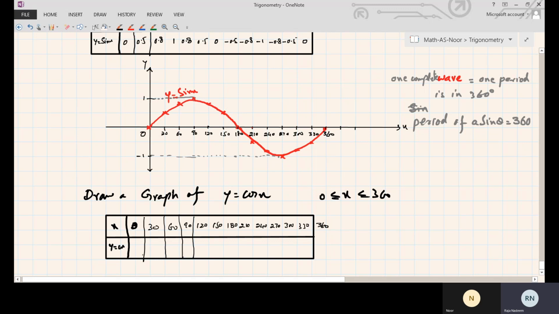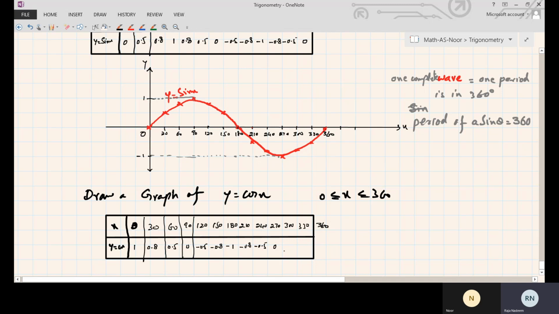Okay, again I'll write the answers without using a calculator, but you can confirm all these answers by using a calculator. So cos of 0 will give you 1, cos 30 is 0.8, this is 0.5, cos 90 is 0, 120 is minus 0.5, minus 0.8, minus 1, and this is 210, third quadrant, and third quadrant cos gives you a negative answer, minus 0.8, and then minus 0.5, and it is 0.